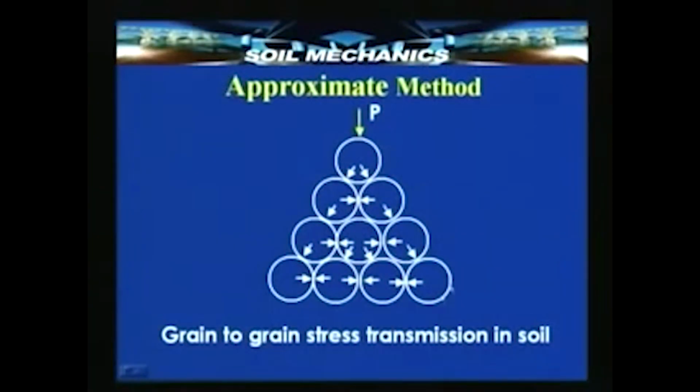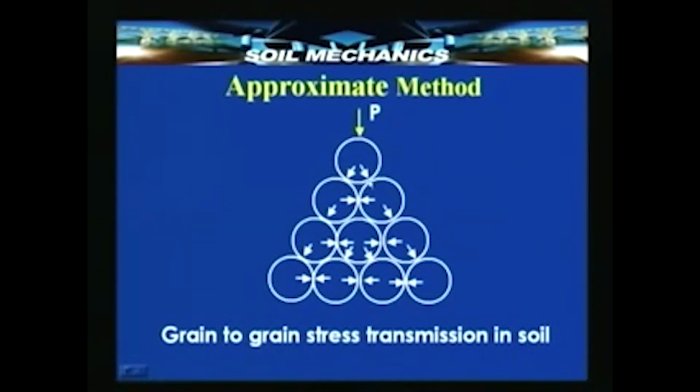You all know that soil is a particulate material. I have represented the soil grains here in the form of circles. So, this diagram shows the stress transmission from grain to grain in a soil. Take this grain, suppose it is subjected to a load P. This is in turn imposing a load on two supporting grains at their contacts.